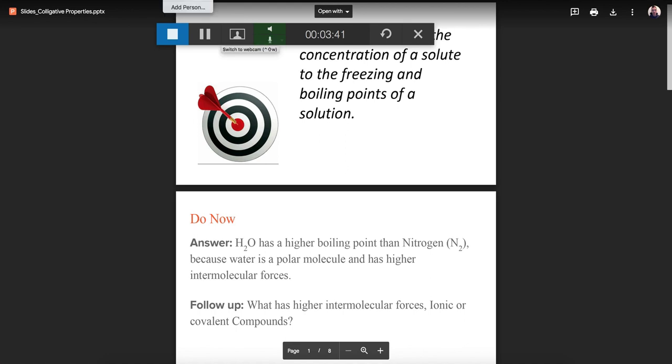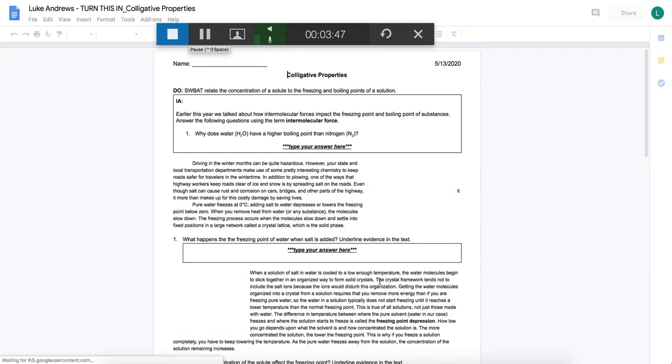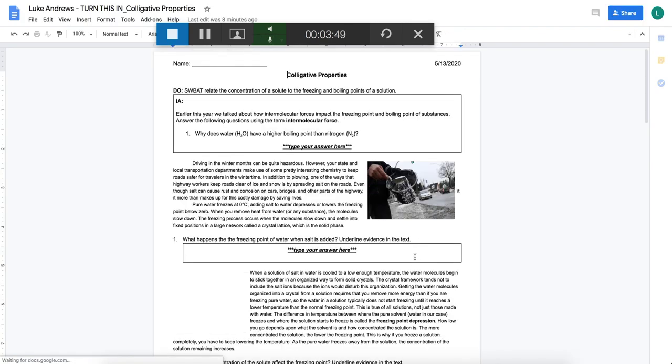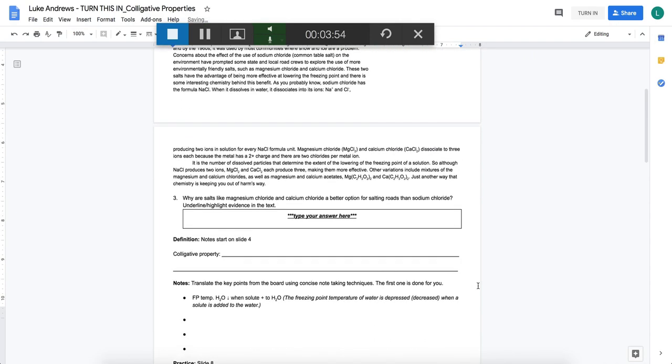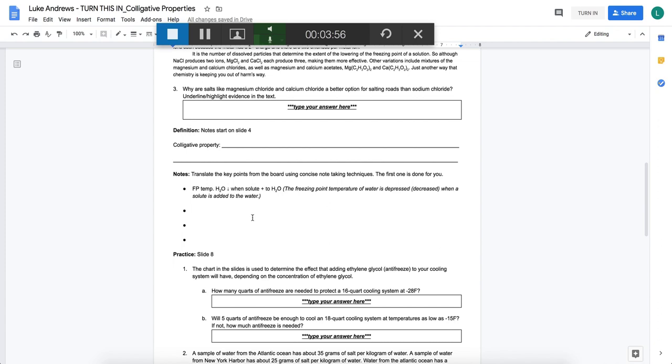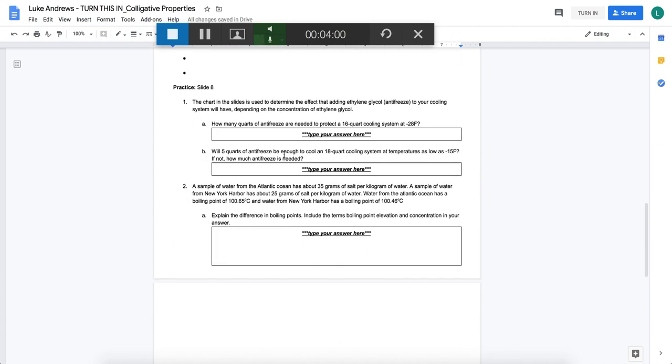The reading right here, you are going to do this reading. There are some guiding questions that, yes, you have to do. There are practice questions, or there's the notes that are in the slides. I noted what slides they're on. And then there are some practice questions.